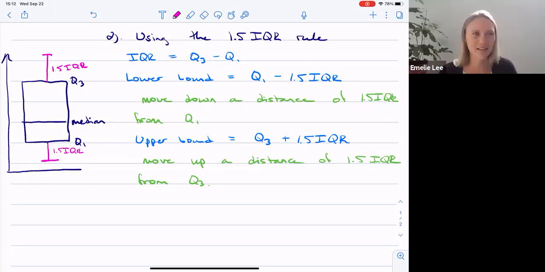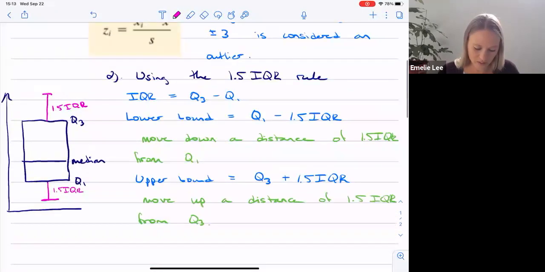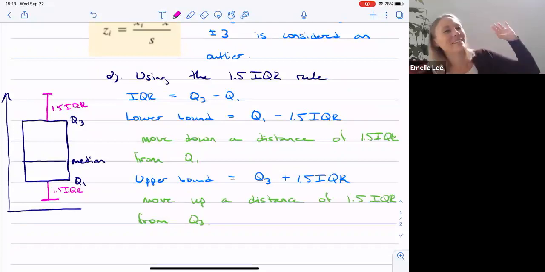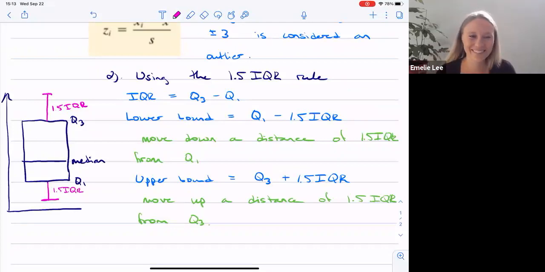For me, mostly. So anyways, so we have two ways of identifying outliers. Why is it so important to be able to identify outliers? We have to be able to identify outliers because outliers are either really important or they've been entered incorrectly, right?